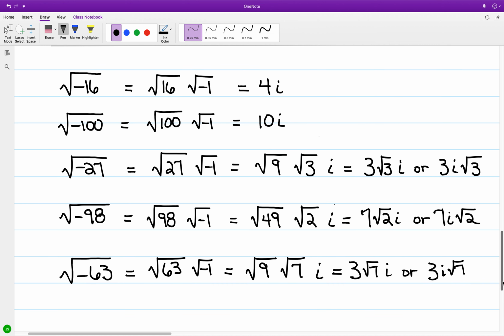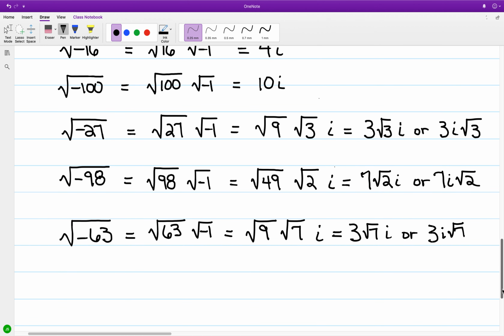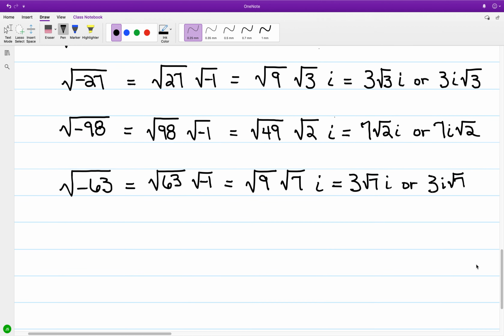Now, in the case of complex numbers, there is a rule of thumb whenever you're interacting with complex numbers. When multiplying or dividing complex numbers, you want to go ahead and factor out the i first.